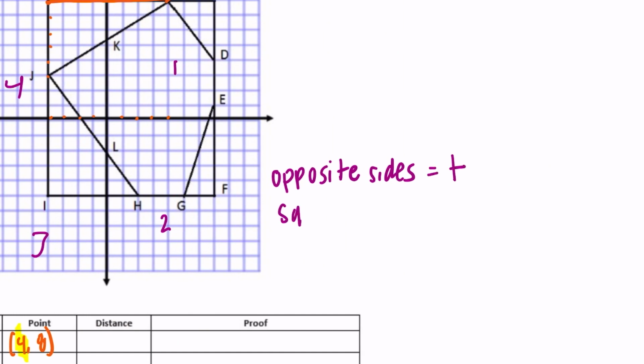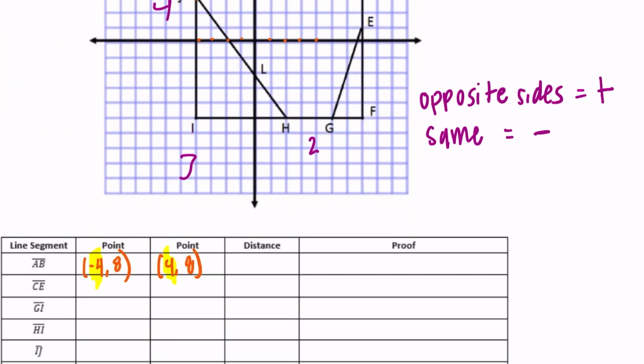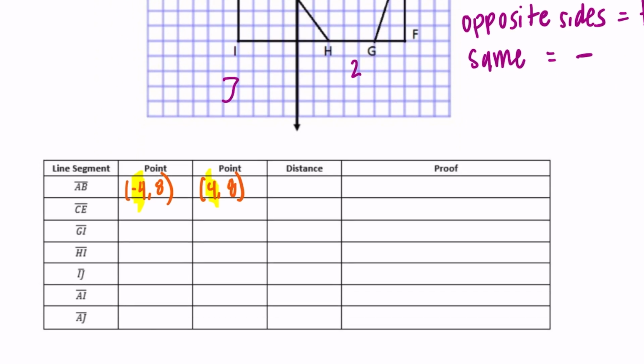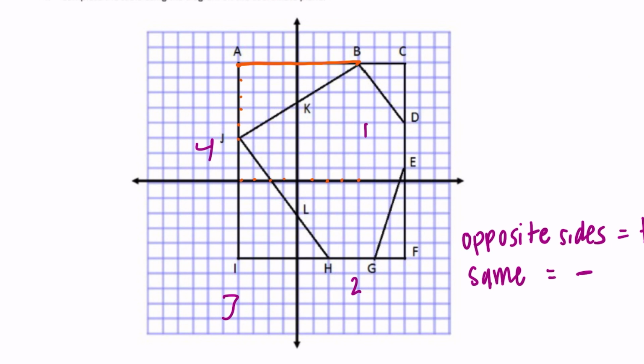If they are in the same quadrant, then we're going to subtract. So these are on opposite ones, which means we're going to add. So we're going to do the absolute value of negative 4 plus the absolute value of 4 is equal to 8. So their distance is 8. You could also just count. So you could see the distance is 1, 2, 3, 4, 5, 6, 7, 8.